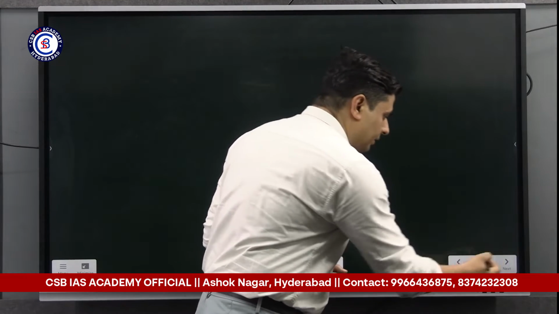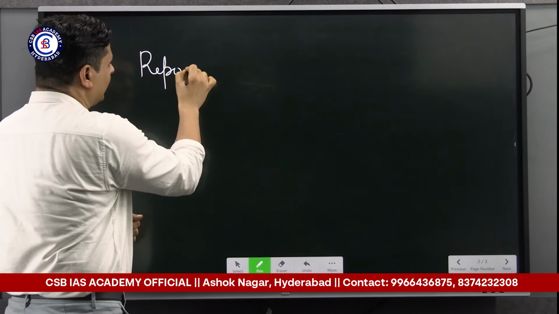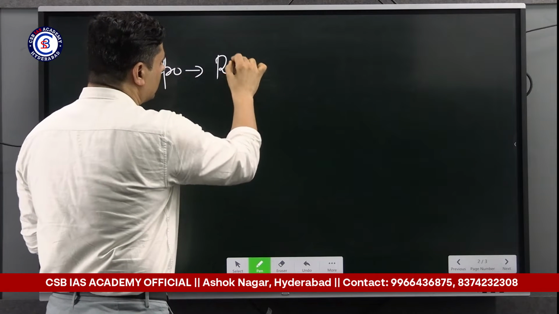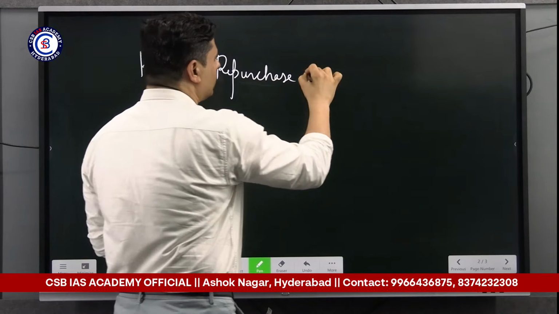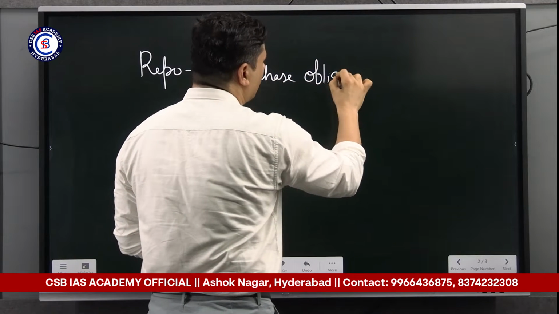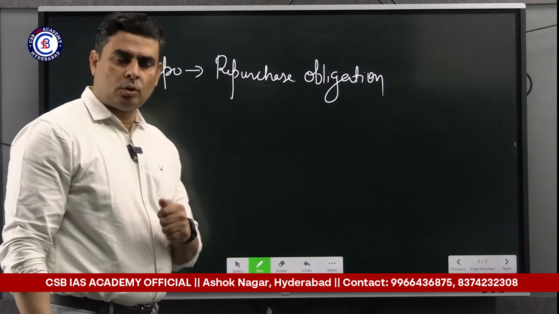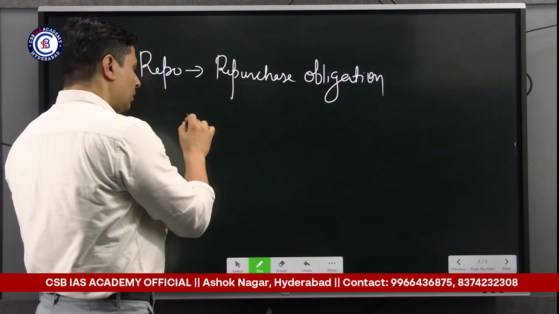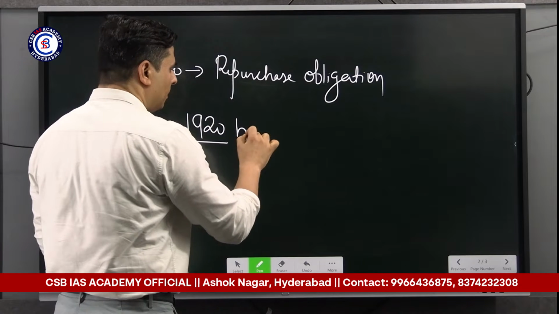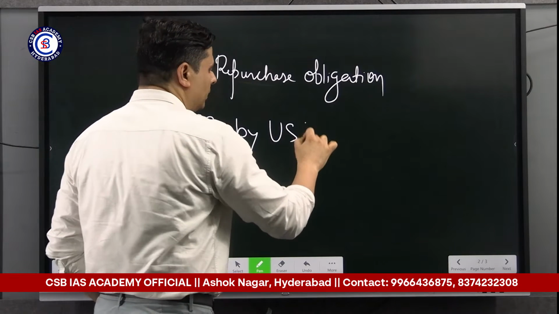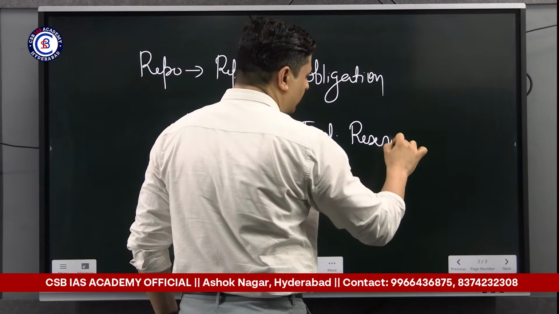So this system of repo, which basically means repurchase obligation. Fine. It means repurchase obligation, and it was first introduced in 1920 by the US Federal Reserve.